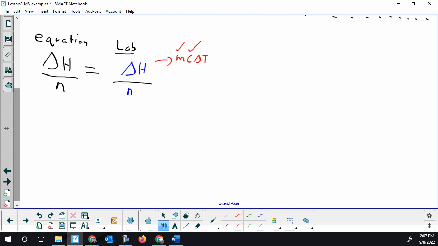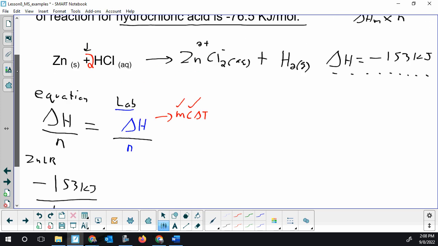So now I'm going to work my way to that blue delta H. So delta H in the equation, minus 153 kilojoules, divide by, again, zinc is going to be our limiting reagent. So I want moles of zinc for both of my black and blue n. Black n is moles in the equation. That's 1.